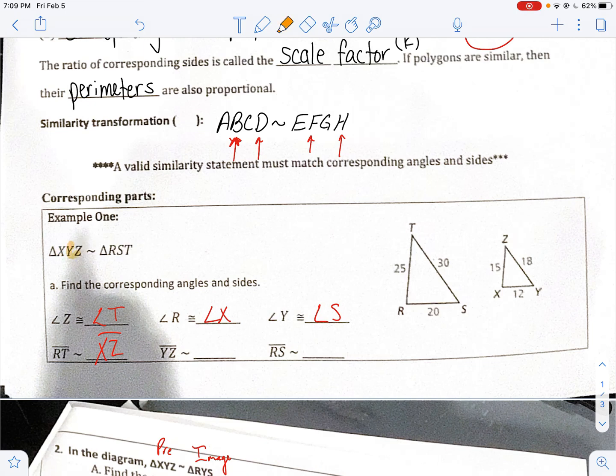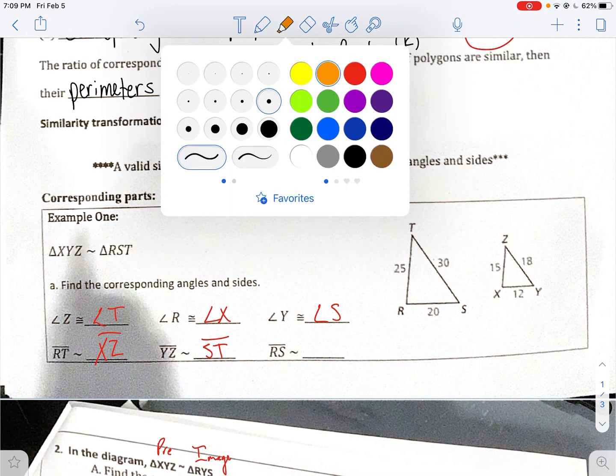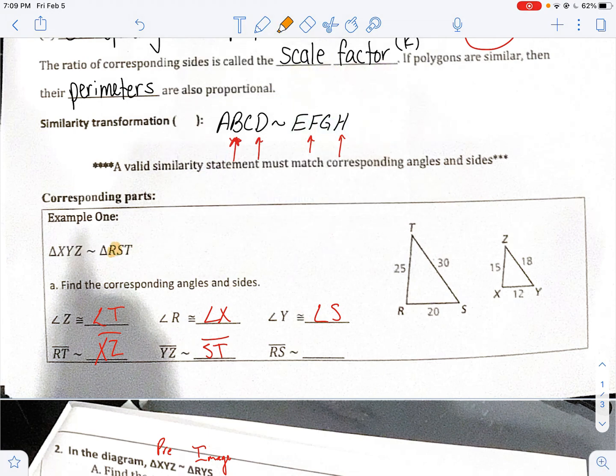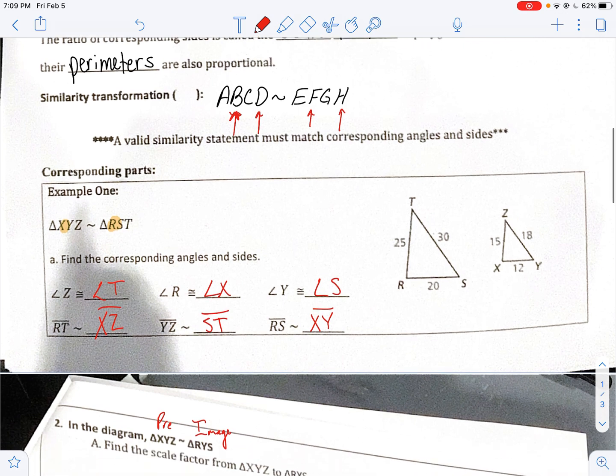Or YZ, the last two letters, I can multiply those by the scale factor to get ST. Or RS, first two letters, that would be corresponding or proportional to XY. So that's how we're going to name our figures.